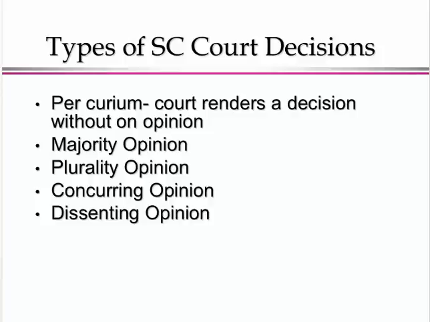Plurality opinions are the hardest thing to understand. There may be 5 judges who agree with the decision but not the reason, in which case they will write either concurring opinions, in which they agree with the decision but have different reasons for having reached it, or they may disagree with the decision and dissent.